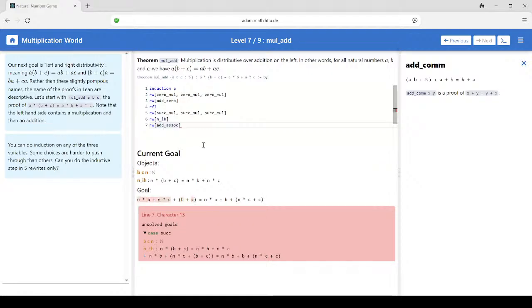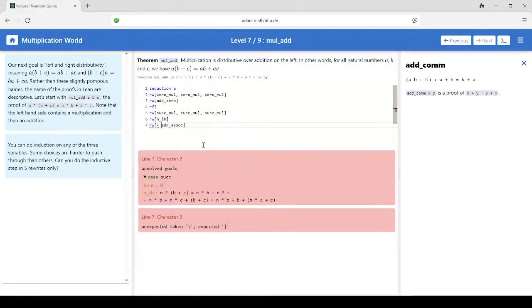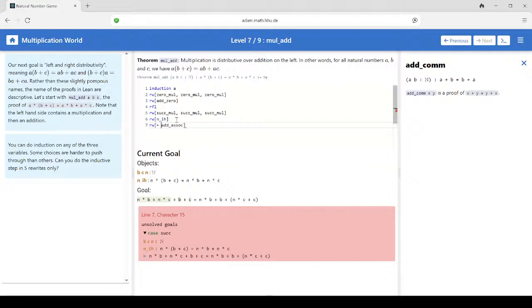What happens if I try and do the backwards version of this? Does that do anything? It does. It gets rid of parentheses if I use this little arrow.